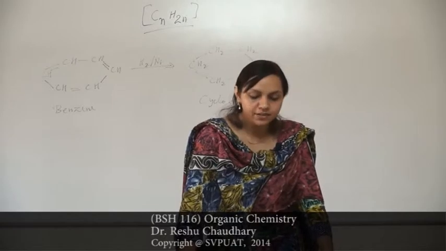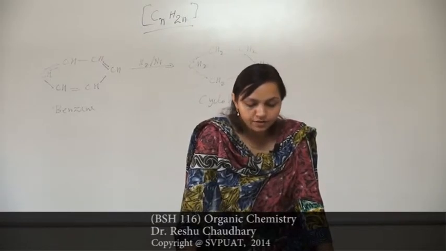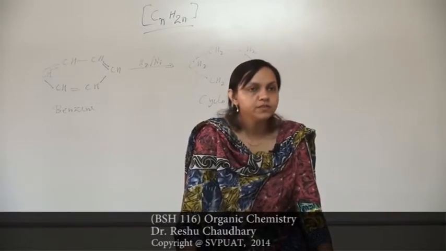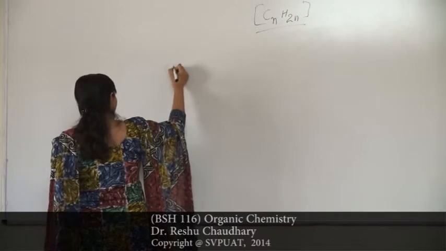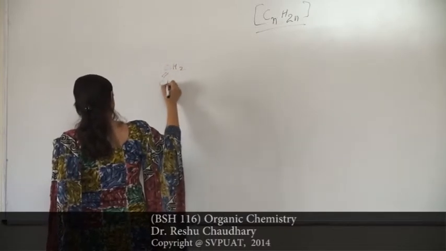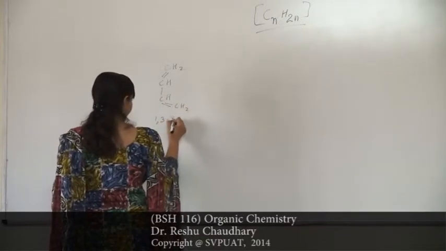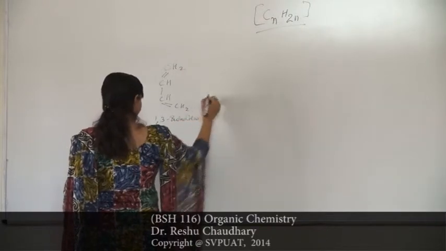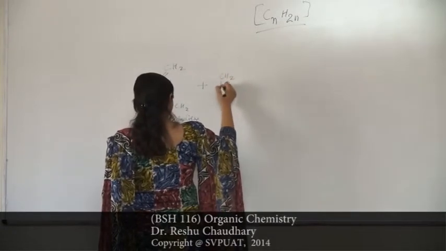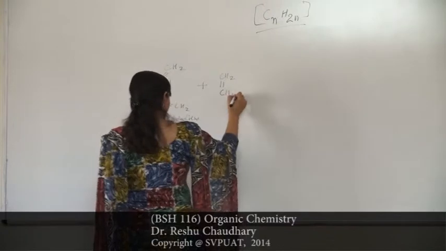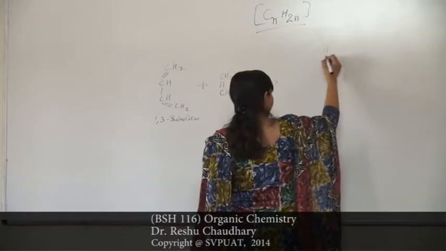Next method is the Diels-Alder reaction. When a diene like 1,3-butadiene is treated with a dienophile, then it forms cyclic compounds, and the reaction will be, this is the structure of 1,3-butadiene. Then forms tetrahydrobenzene.